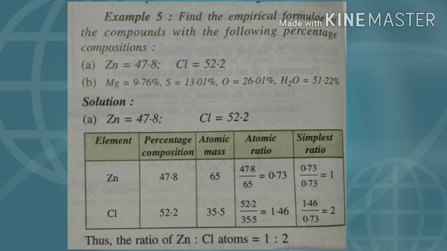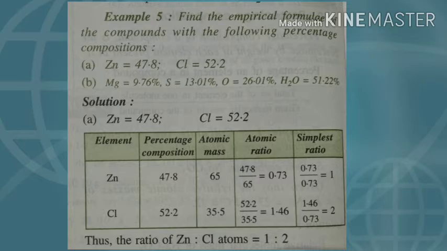Here, what is the percentage composition of zinc? 47.8. What is the atomic mass of zinc? 65. So, the ratio of percentage composition to the atomic mass gives you the atomic ratio. Here, the atomic ratio of zinc is 47.8 divided by 65 and the value is 0.73.